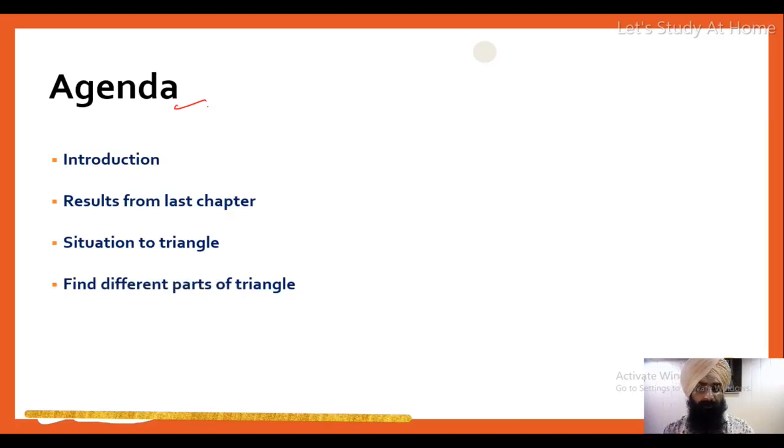Am I clear? Any situation we are given, we will convert into a triangle. Then we have to find the parts of the triangle in this chapter.